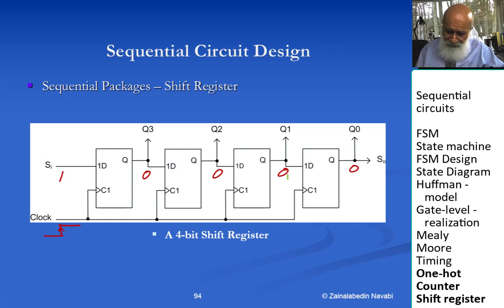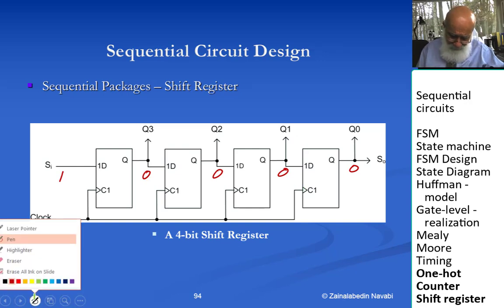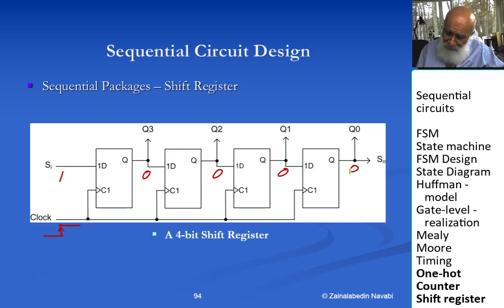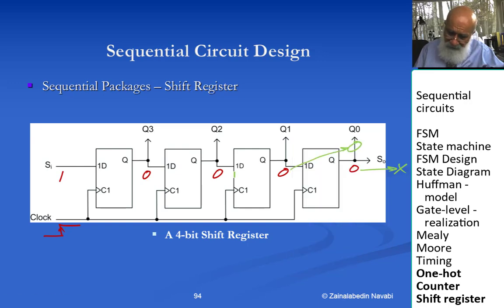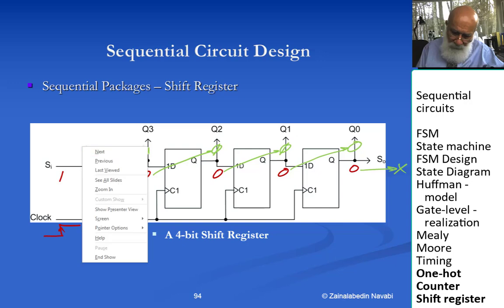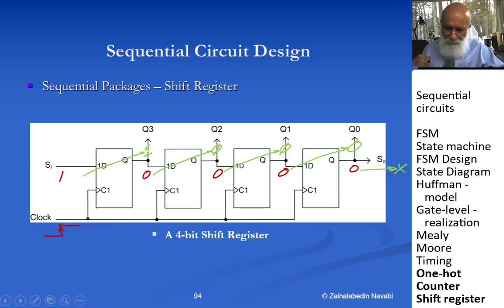The 0 on the right hand side will go away. Gone. This 0 will go here. This 0 will go here. This 0 will go here. And this 1 will go here. Okay.